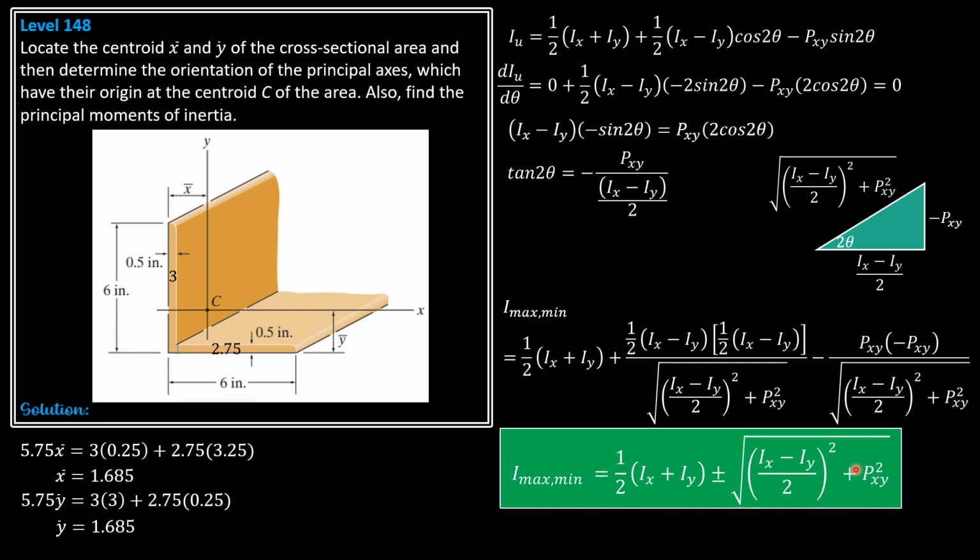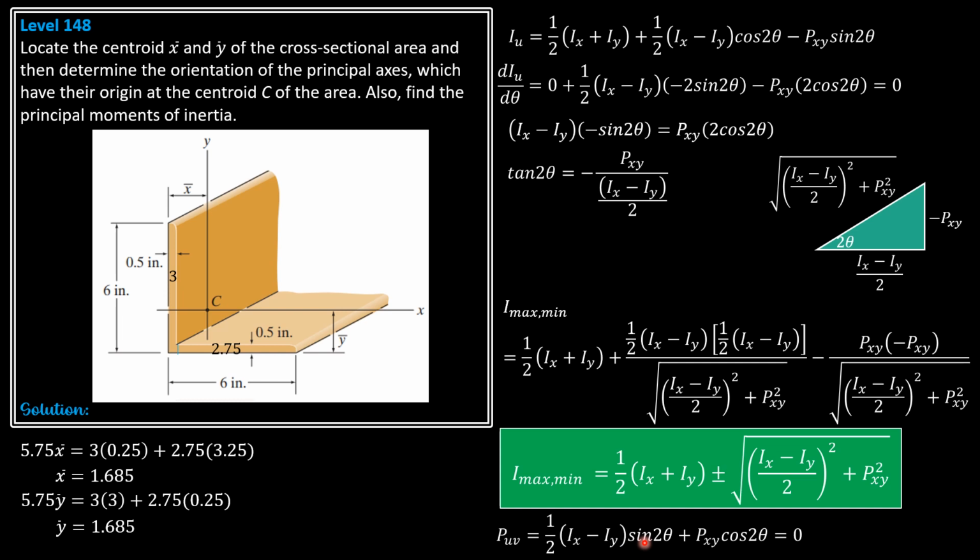Similarly, the product of inertia Puv is 1/2 of the quantity Ix minus Iy sine 2 theta, then plus Pxy cosine 2 theta. That's the formula from the transformation equation. 1/2 of Ix minus Iy sine 2 theta plus Pxy cosine 2 theta equals 0. Why 0?